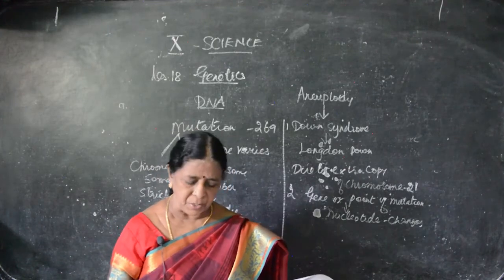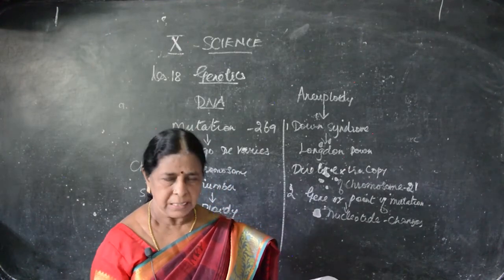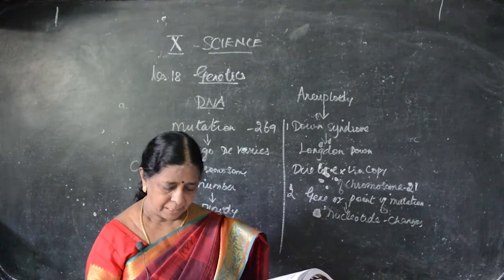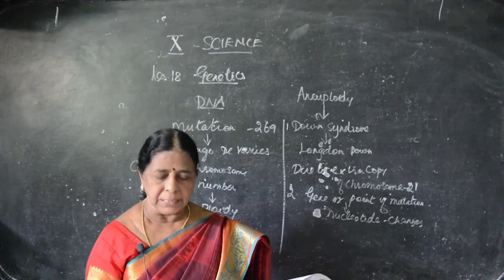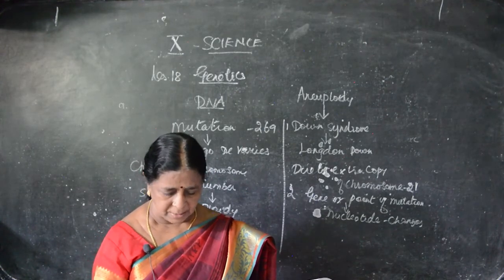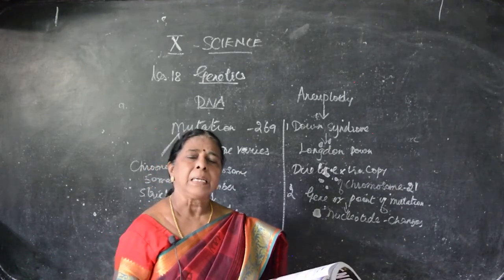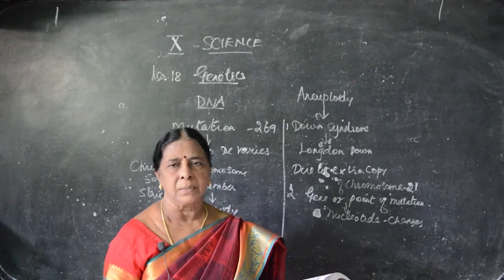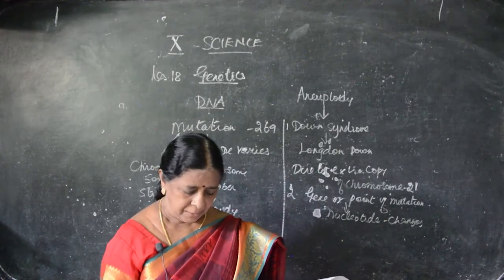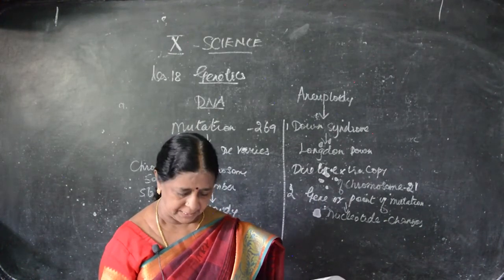It is the transmission of characters from one generation to the next generation. Then there are two genetic factors, one is DNA, the other one is RNA, but in human beings it is DNA only. Mendel made researches about the changes in the body, so he is known as the father of genetics.